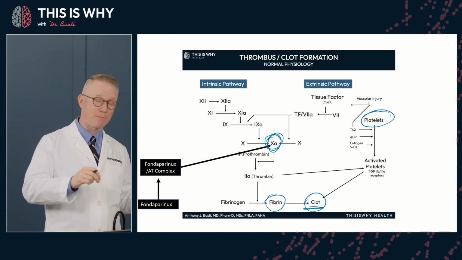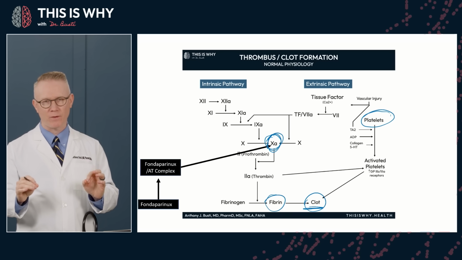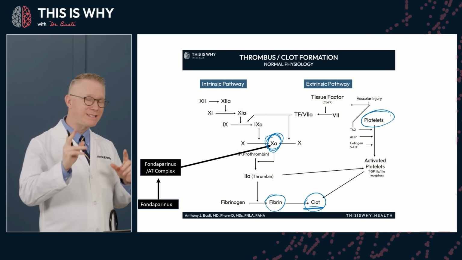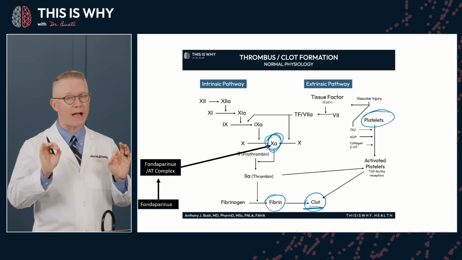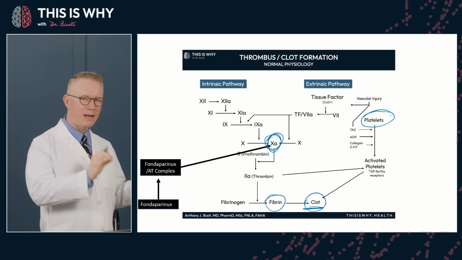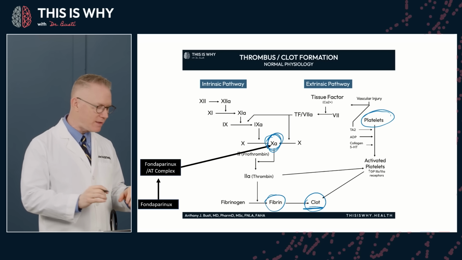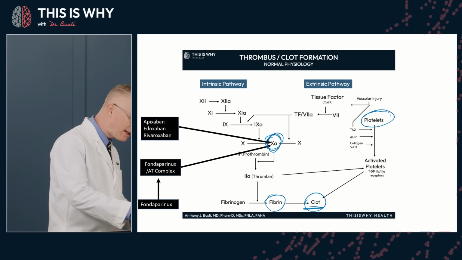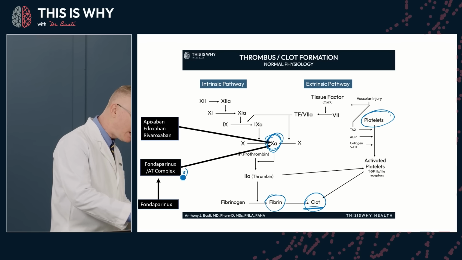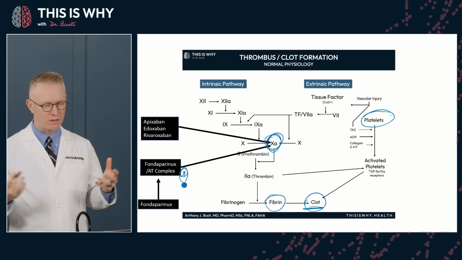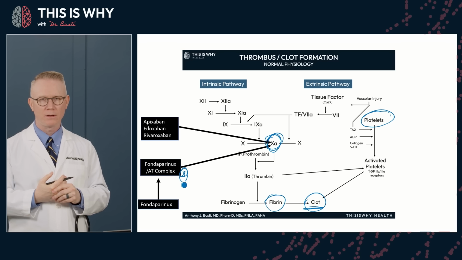When fondaparinux binds to it, it changes its conformational shape and makes it a really good one, okay? That's different from the DOACs. The DOACs directly inhibit 10A without the need for antithrombin. And that's what's really being highlighted here, the utilization of an antithrombin complex to inhibit the clotting factor.